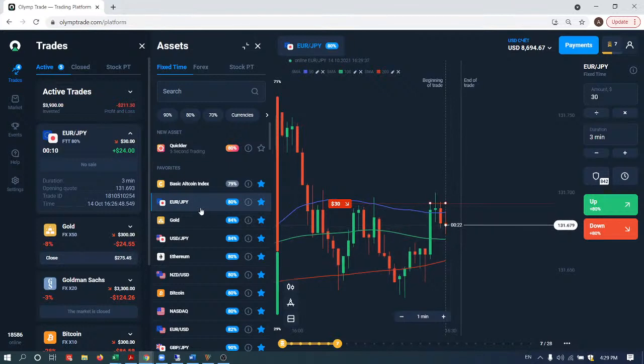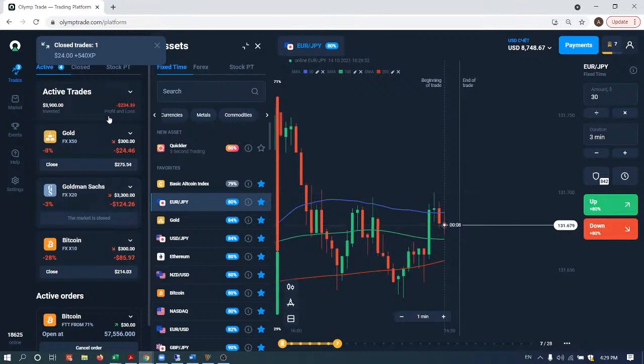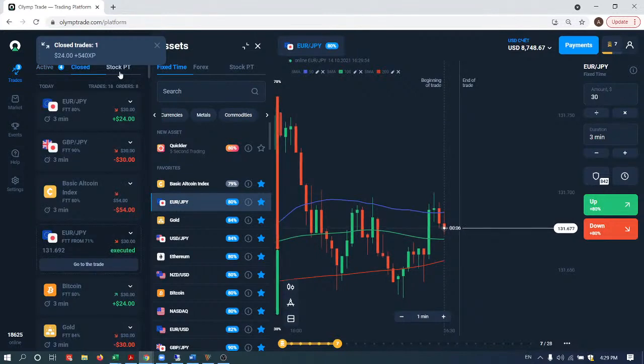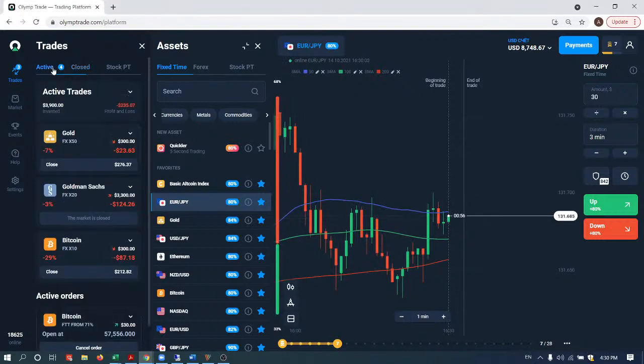You might be a specialist in currencies or a specialist in commodities. So yes, there are multiple ways, and in general, it's very important to have different tools, different assets, different filters.